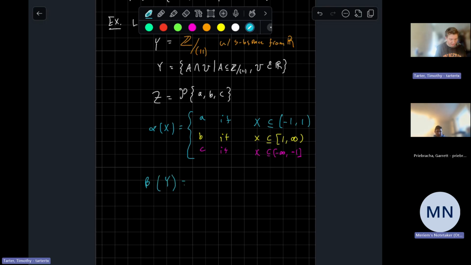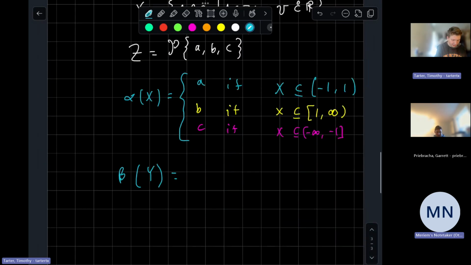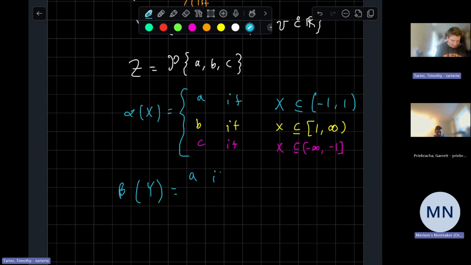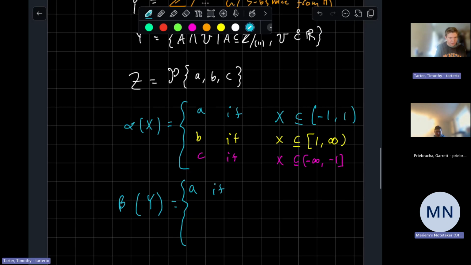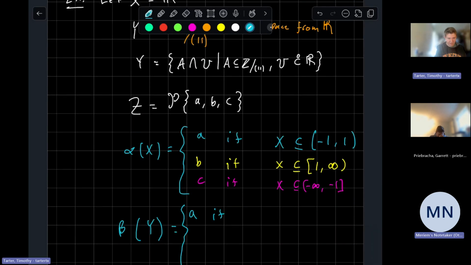So beta of y, we'll say is equal to A if, what's an interesting way we can define this?